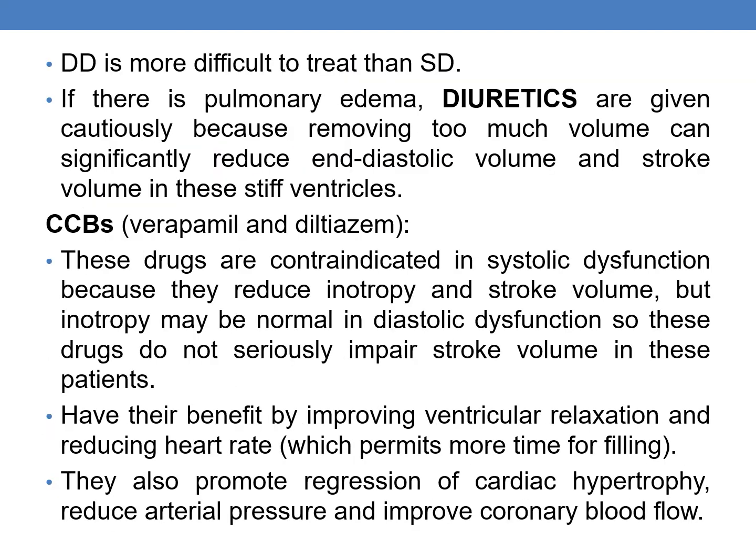So, diastolic dysfunction is more difficult to treat than systolic dysfunction. And if there is pulmonary edema, diuretics are given cautiously because removing too much volume can significantly reduce end diastolic volume and stroke volume in these stiff ventricles. So care must be taken whenever diuretics are prescribed in diastolic dysfunction or diastolic heart failure.